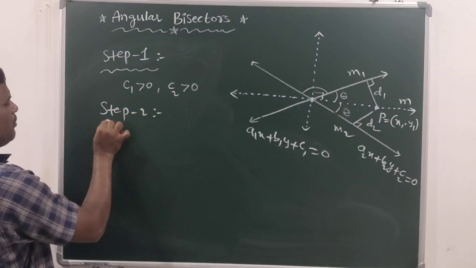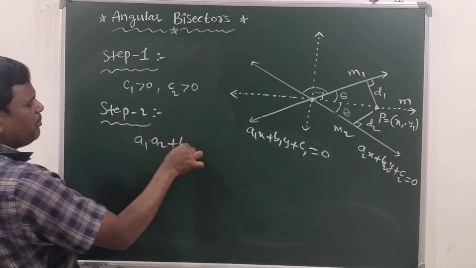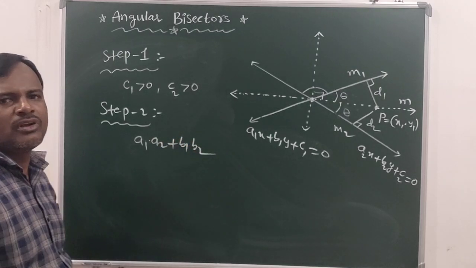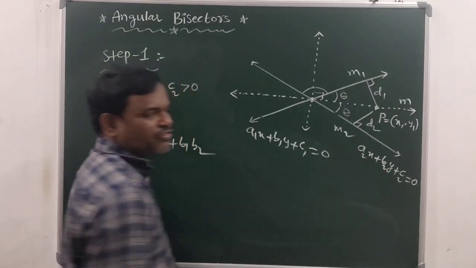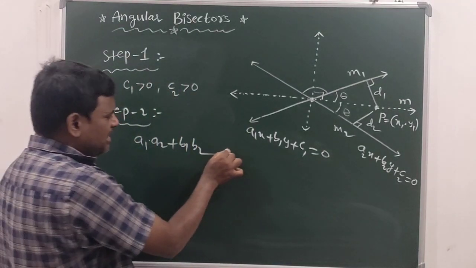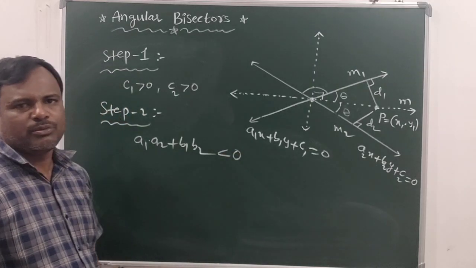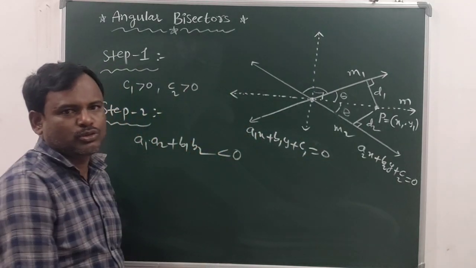In step 2, you have to prepare A1 A2 plus B1 B2. So A1, B1, A2, B2 are collected from the two given line equations, and prepare this value. What are the angular bisectors after making C1, C2 positive?